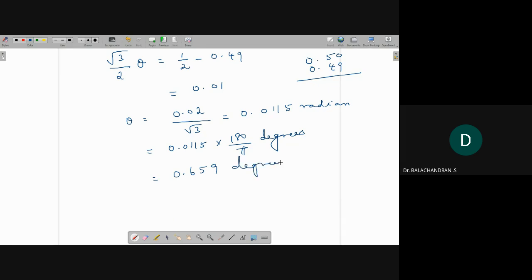Then press the button. You'll get 0 degrees 39 minutes, and you can write 32 seconds also. Okay, so this is the final answer, approximately.